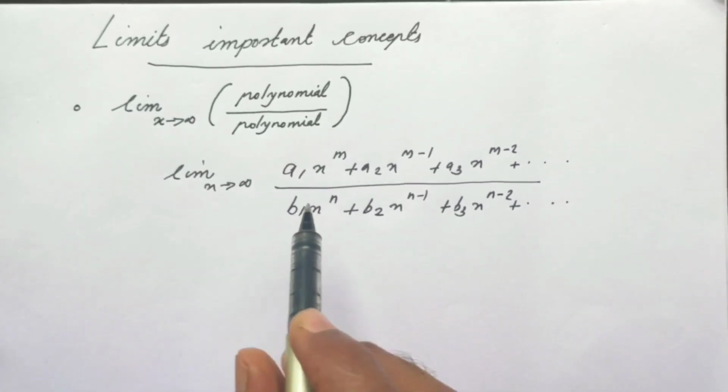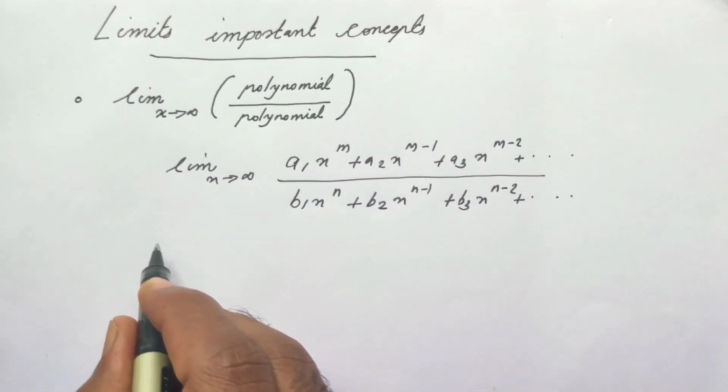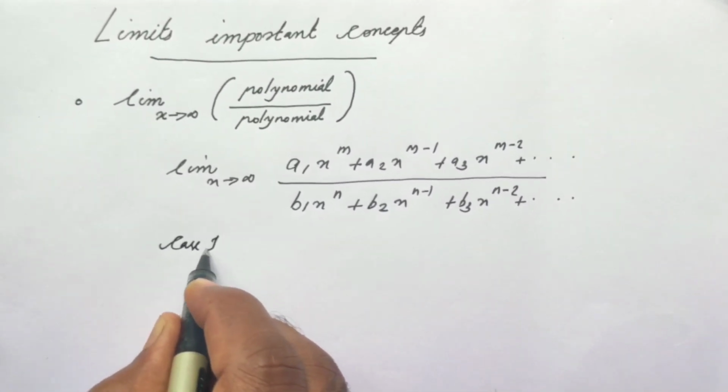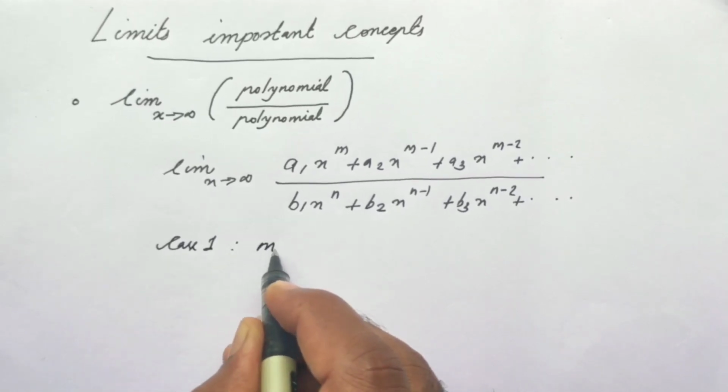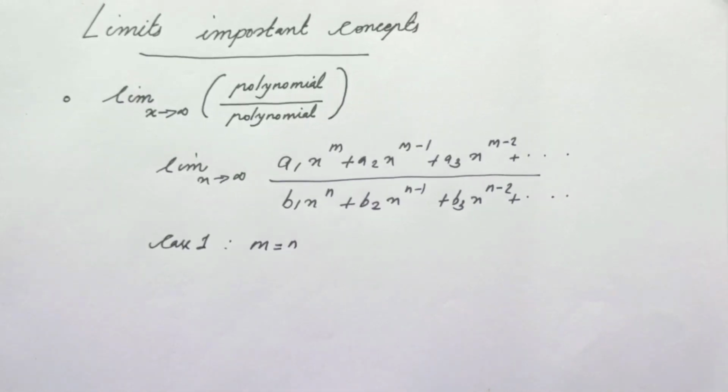To find the limits of this type of question, there exist three cases. The first case is case 1, where m equal to n, that is, the order of the numerator and the denominator polynomial is the same.